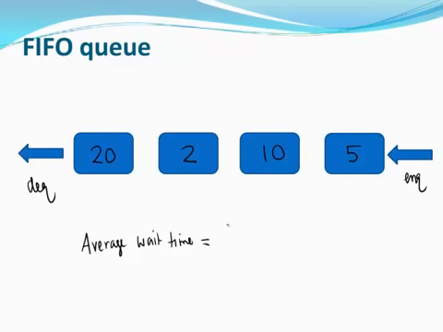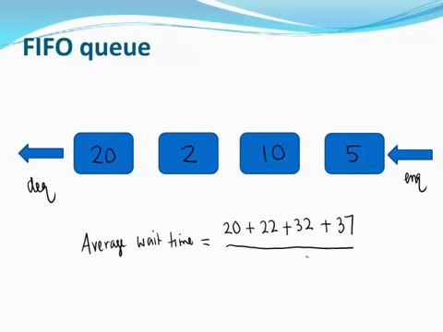Clearly, if you try to compute this, the first customer will have to wait 20 minutes until that customer is served. The second customer will have to wait 22 minutes: the first customer plus its own serving time. The third customer will have to wait 32 minutes, that is 22 plus 10. The fourth customer will have to wait 32 plus 5, that is 37 minutes.